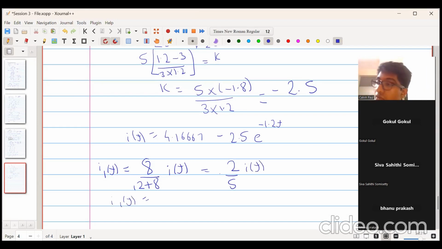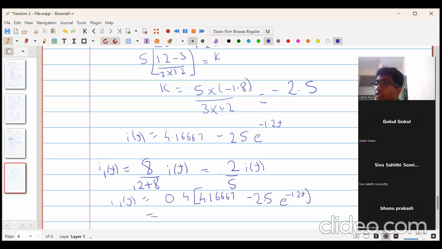Therefore I1 of t will be 0.4 into 4.1667 minus 2.5 into e to the power minus 1.2 t.